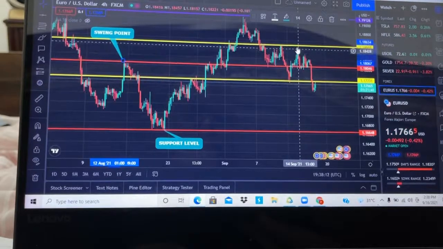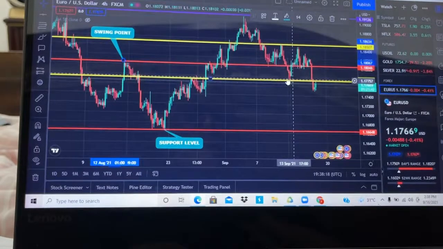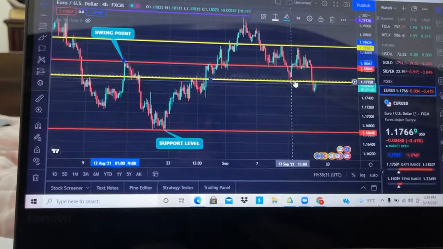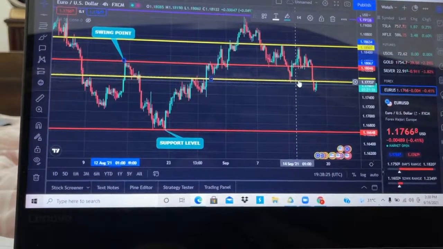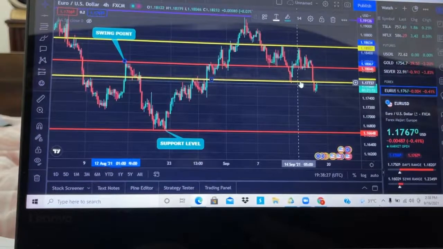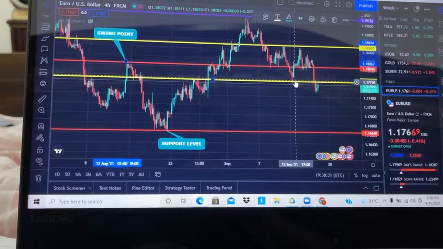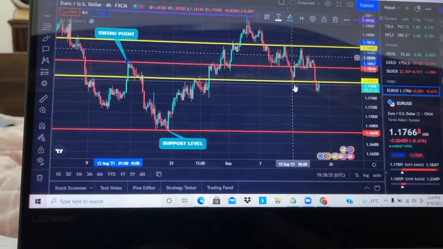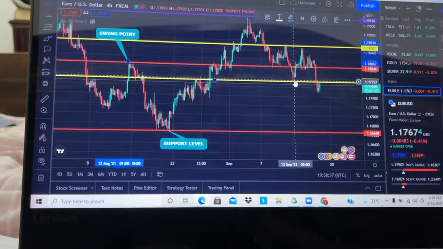So if you were selling, at least the support level would have been one of your take profits, which is the point where you will exit. So that's what the support level and swing point helps you to understand. If you were selling, the support level would be the point whereby you want to exit that trade.